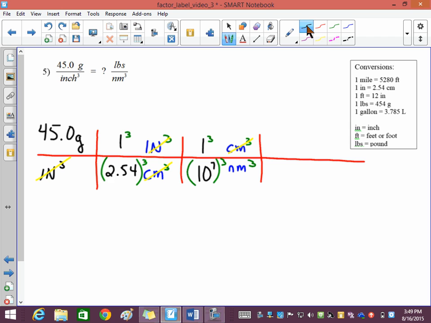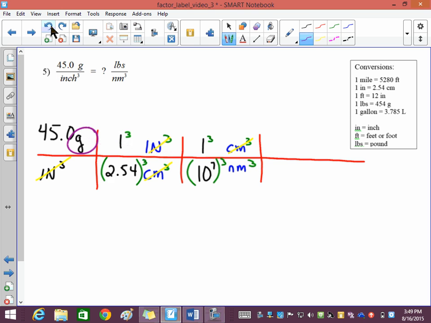All right, so now going from grams to pound, it's a one-stepper because there's our conversion right there, which is nice. Okay, so we're going to move the grams diagonally, and again, keep that in mind. You are moving diagonally. Not diagonally down, not diagonally up, diagonally. So if grams is up on top, it's got to go down on the bottom.